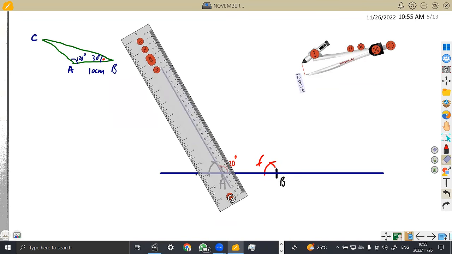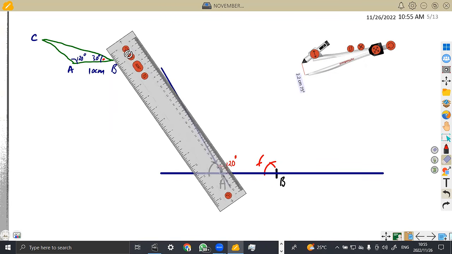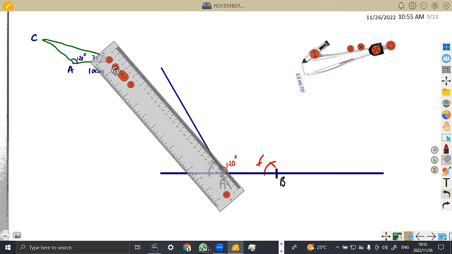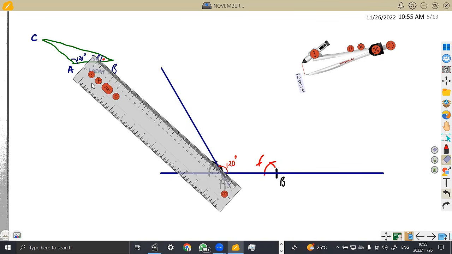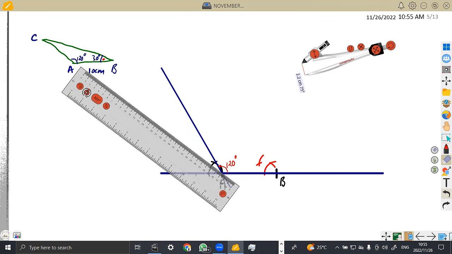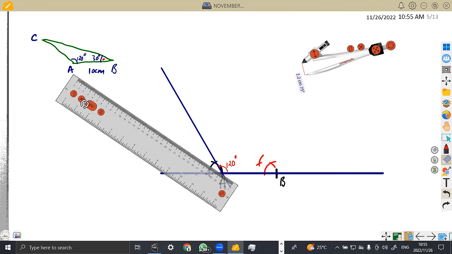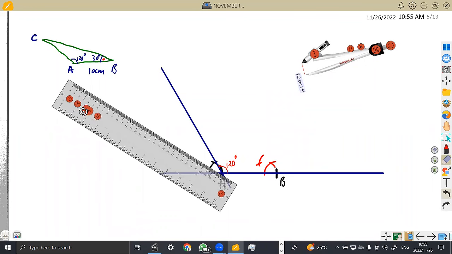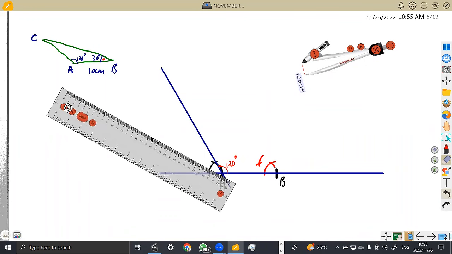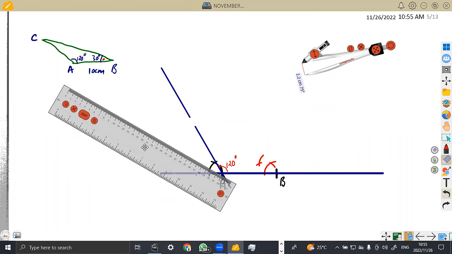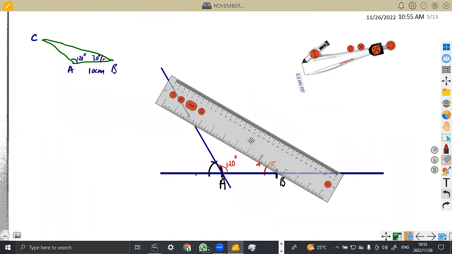Or you can mark the one that you are used to, the 60 degrees, then from the 60 degrees, you construct the actual angle. So that's something like this. That's what you're going to have at the end as your 30 degrees here.